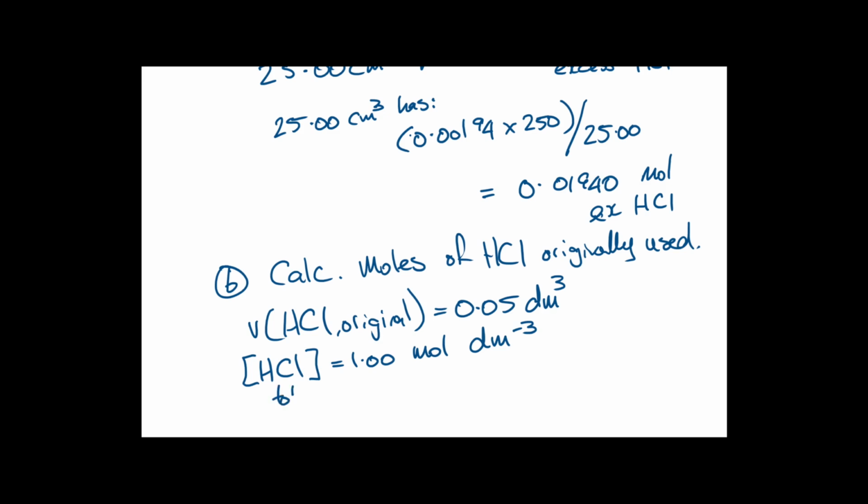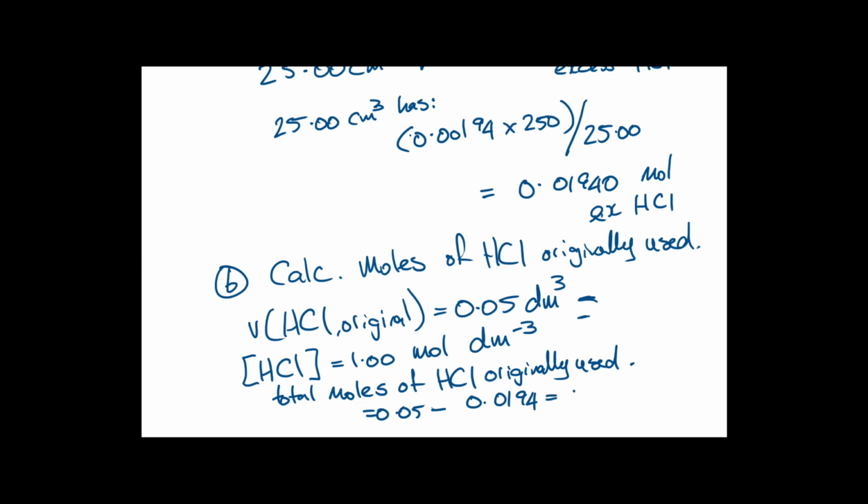So the total moles of HCl originally used is equal to that amount, minus 0.0194, equals 0.0306 moles.